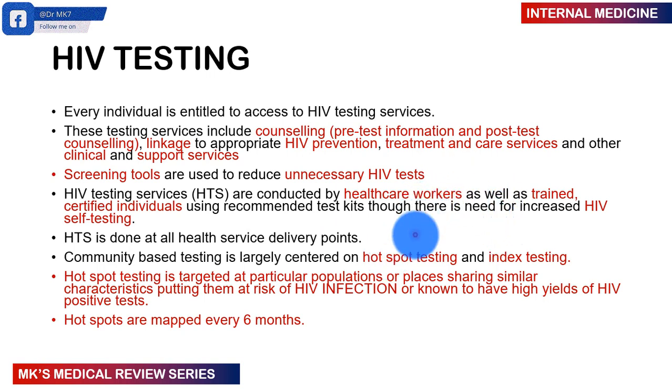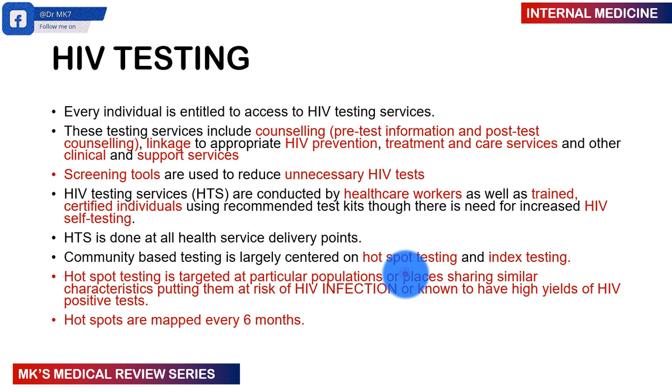So hotspot testing is going to be targeted at particular populations or particular places that share similar characteristics. For example, let's say we have the map of Zambia and we realize that the transmission of HIV is highest in the Northern Province, maybe in Kasama to be specific.